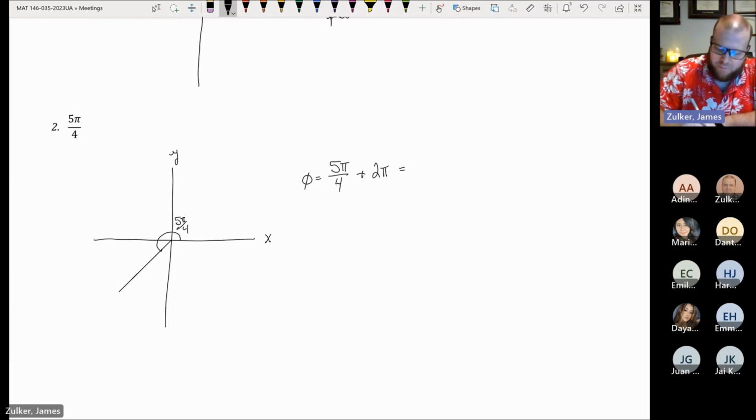In either direction, right? So for the positive, I'm going counterclockwise. If I wanted negative, I'd go clockwise. This would be what, 13 pi over 4, right?